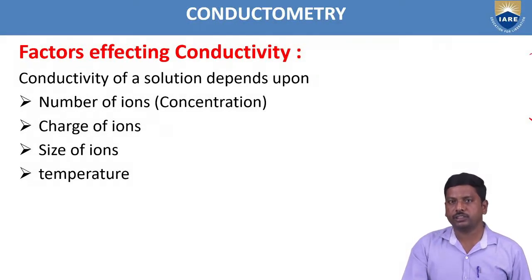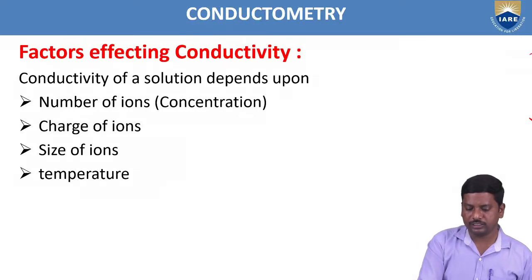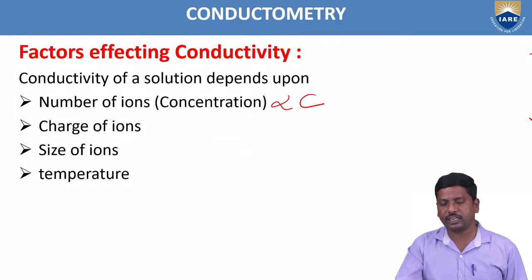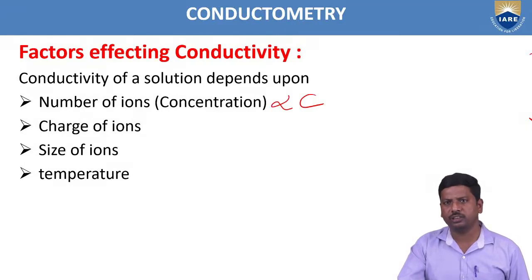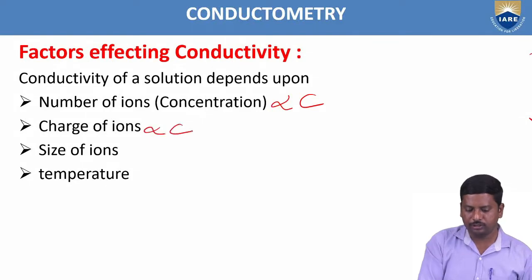Once again, I am telling about the factors affecting the conductivity. The first one is the number of ions, nothing but the concentration. When concentration increases, conductivity also increases. Again, the charge of the ions: when charge increases, the mobility increases, directly proportional to conductivity.